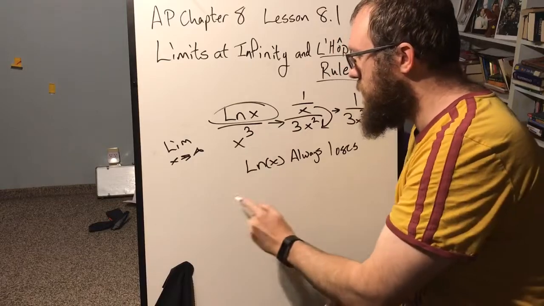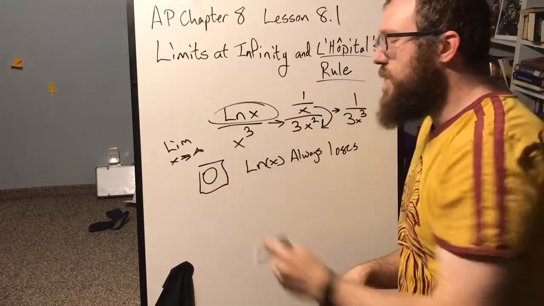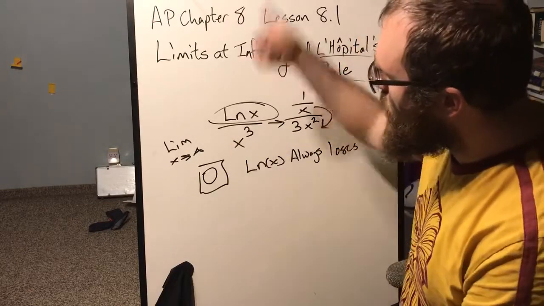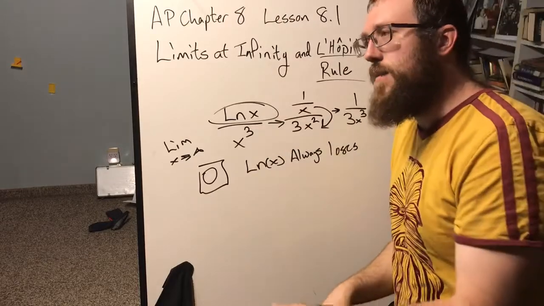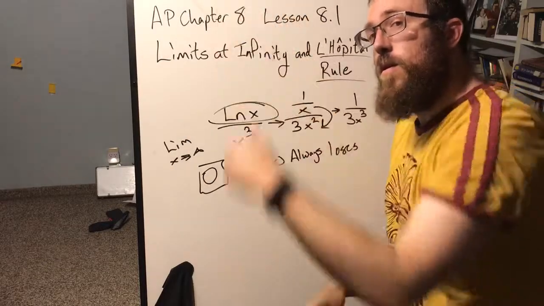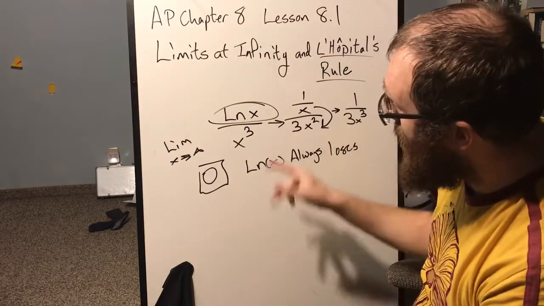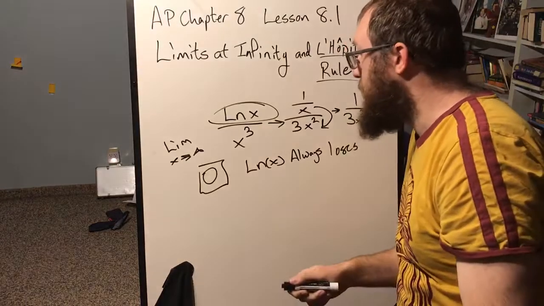So the answer to this is 0. If the ln's in the denominator, then immediately I know the numerator is going to win. So whatever I have in the numerator is going to tell me I'm either going to infinity or negative infinity. And if you have an ln up against an e, oh, that ln loses badly.